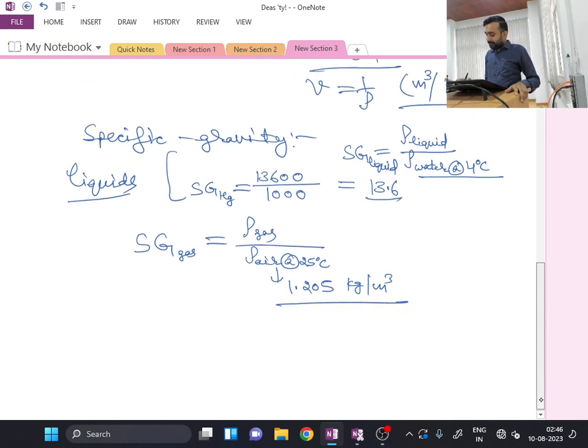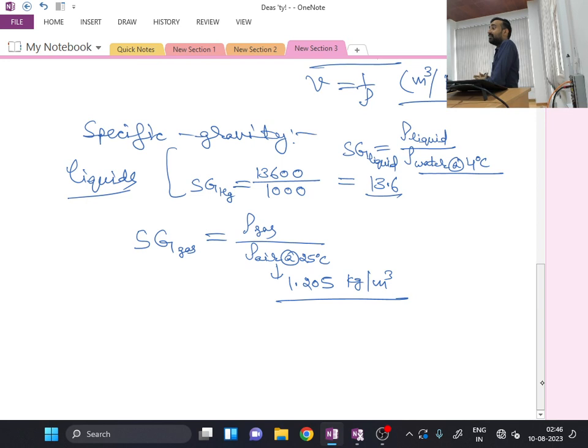Now whenever we talk about density, it is an important property and it strongly changes with changes in pressure and temperature. Typically for liquids, density changes very strongly with changes in temperature, but with changes in pressure, density does not change much.